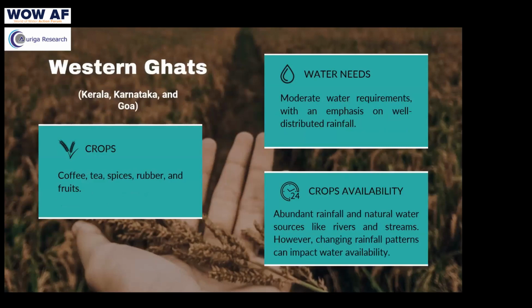So the Western Ghats, encompassing Kerala, Karnataka, Goa, again is a spice land, with tea, rubber, coffee. These again are in an area of abundant rainfall and natural sources of water, and they have moderate water requirement. The only emphasis is that the water needs to be well distributed across the geographies.